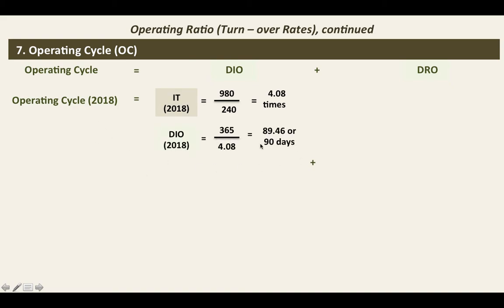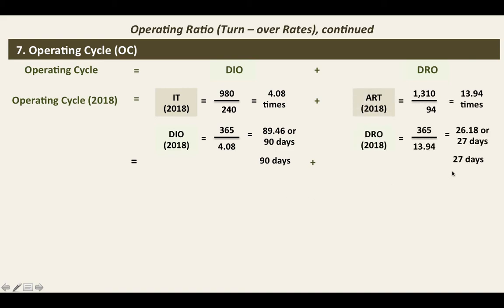We were able to compute the days inventory outstanding at 90 days, and for days receivable outstanding, we were able to compute 27 days. So it means that our operating cycle for 2018 is 90 days plus 27 days. It will give you an operating cycle of 117 days.